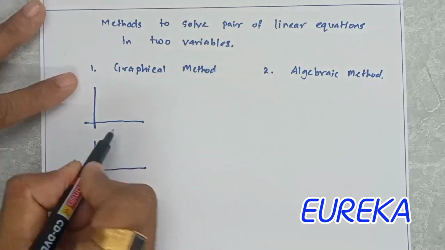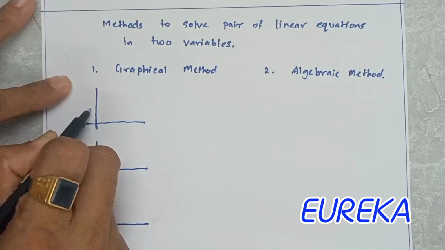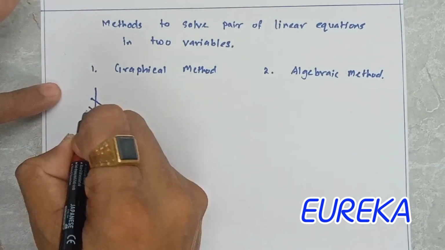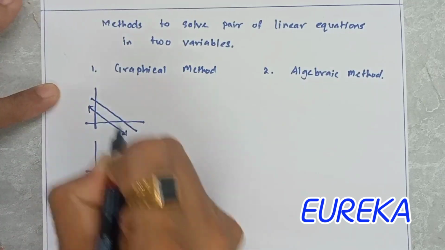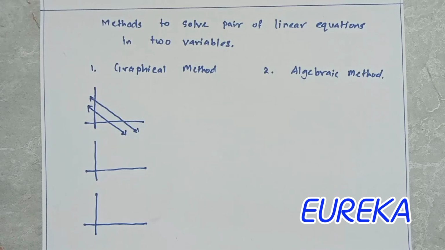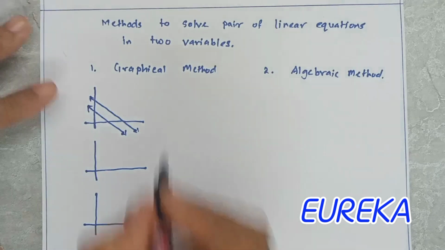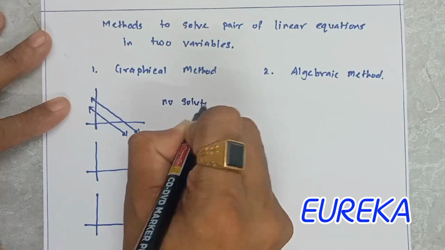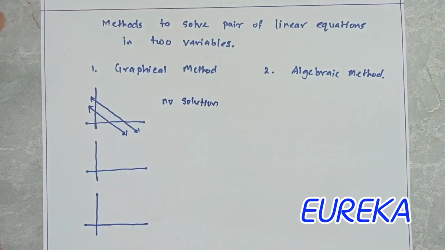Number one, suppose the two lines are parallel. If the lines are parallel, then we will say that there is no solution for the pair of linear equations.